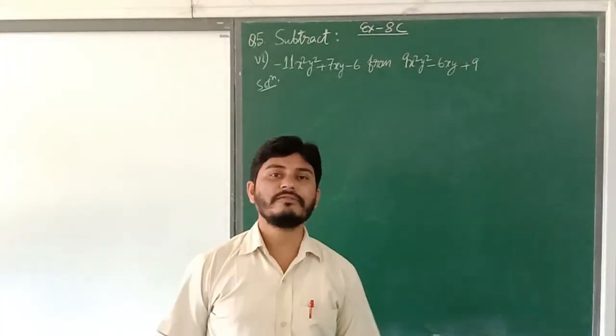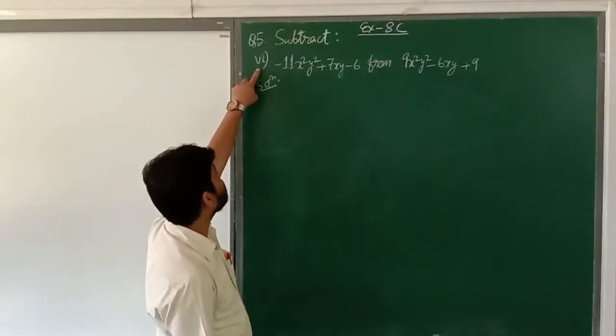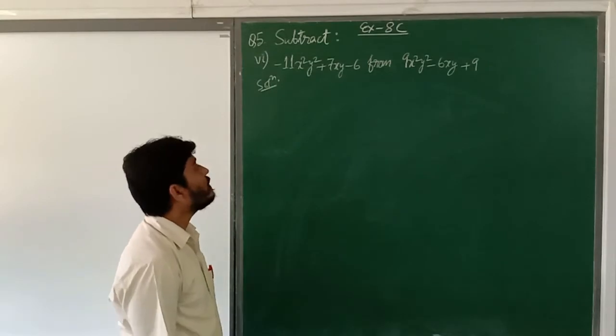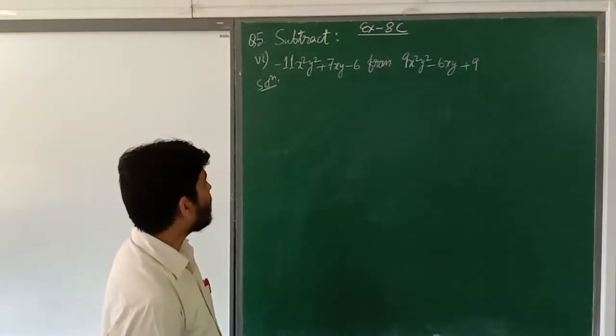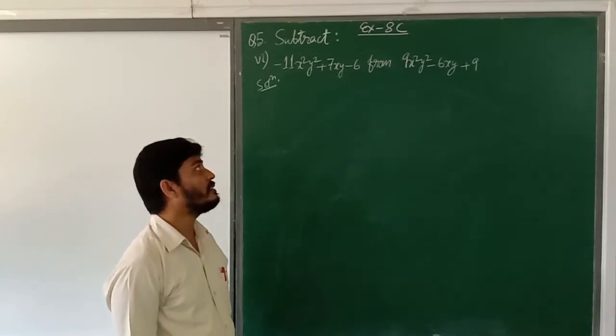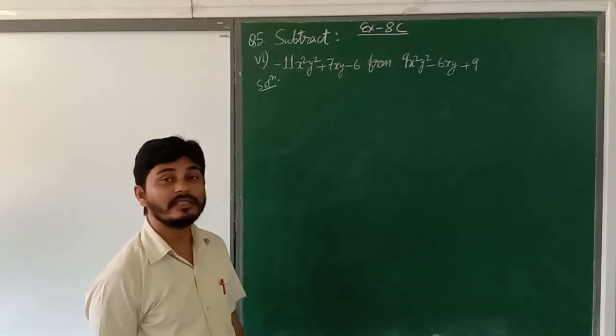The next sum I have taken is sum number 6. Here the expressions are: subtract minus 11x square y square plus 7xy minus 6 from 9x square y square minus 6xy plus 9.